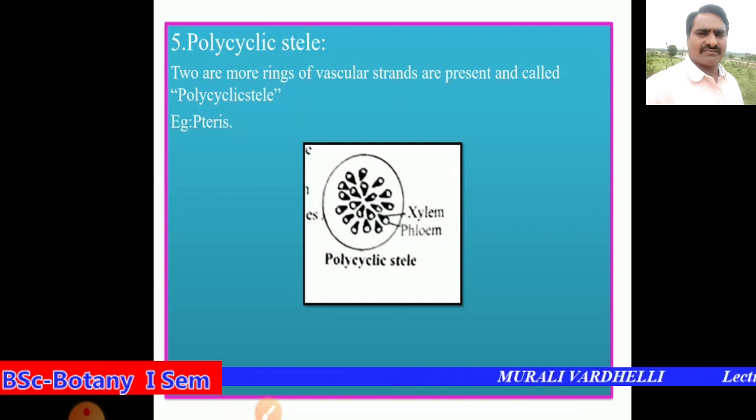If in the polycyclic stele the outer cylinder is solenostele, it is called polycyclic solenostele. And if the outer cylinder is dictyostele, it is known as polycyclic dictyostele, right? This polycyclic stele is again of two types.